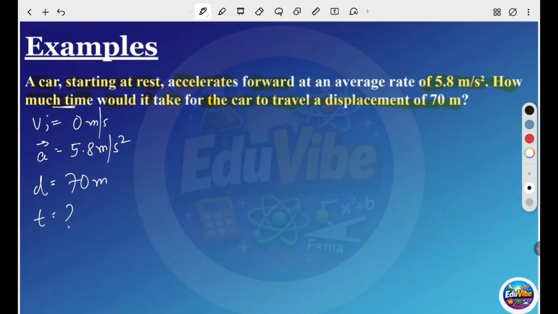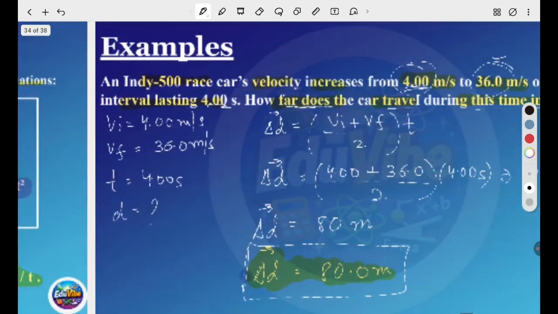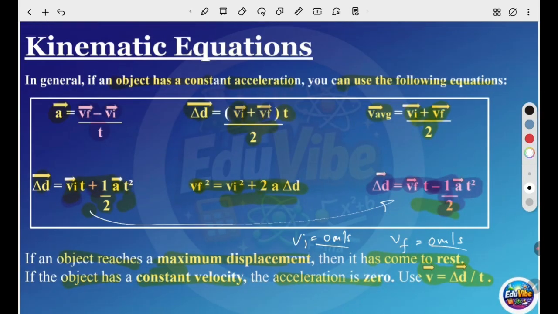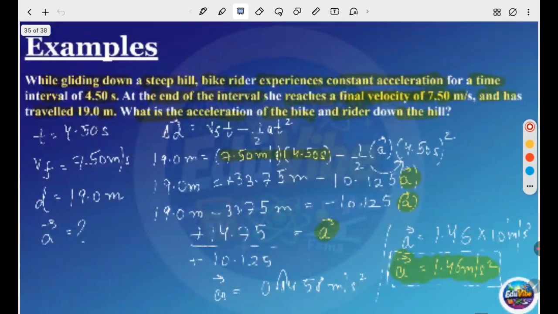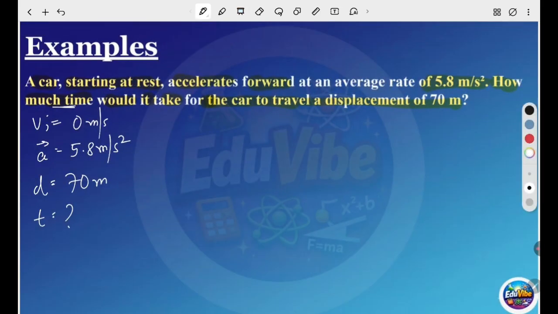We have now D and A, so you can use this formula where they mention Vi, T, A and D. So from here you get the T. How can I get T? Let's go for it. Our equation is delta D equal to ViT plus half AT square.